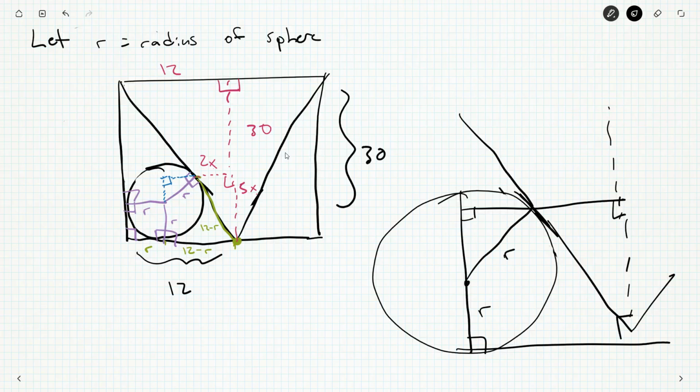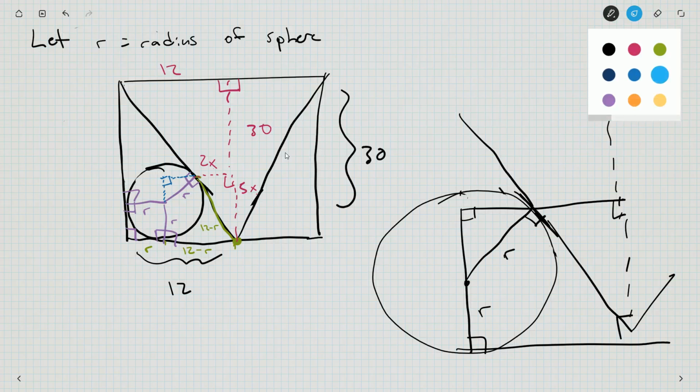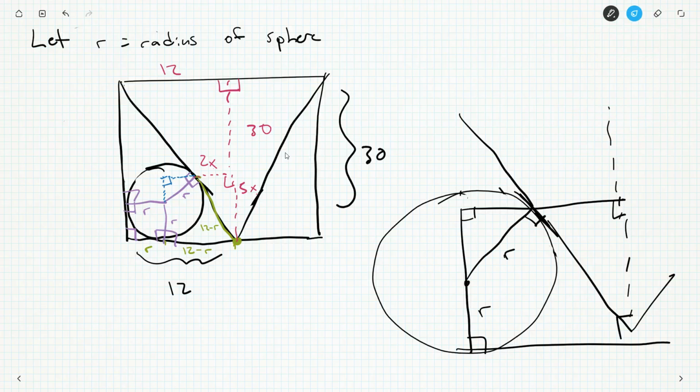Now, we have a right angle here. So the problem is, what do I know about this new right angle triangle? Because I could start calling it x's and y's and z's and things like that. But what can I really do? But we have a right angle here.